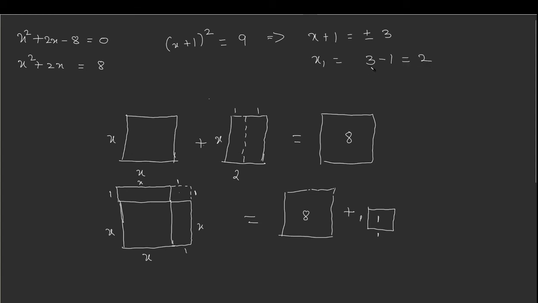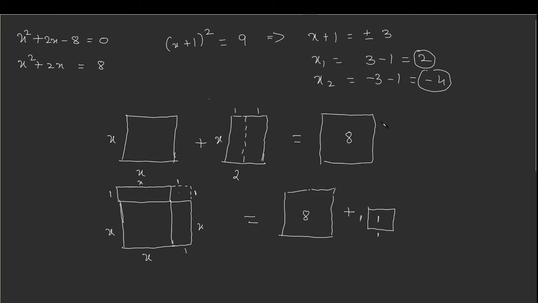And the second solution, x2, is equal to minus 3 minus 1, that is equal to minus 4. These two are the solutions of this equation. And this is how you can visualize the method of solving any quadratic equation.